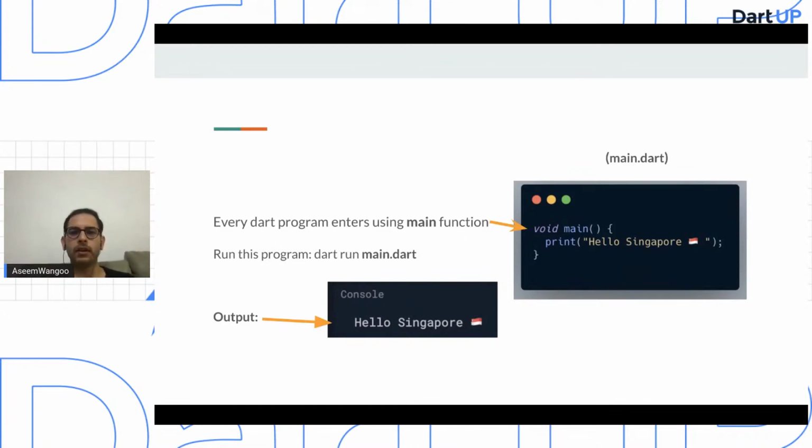Inside this main function, we have one line, which is a print statement, which says hello Singapore. If we run this program using dart run and the name of the Dart file, in our case main.dart, we get the output as hello Singapore. So this is the overview of a simple Dart program.